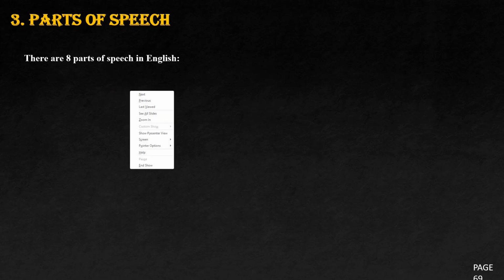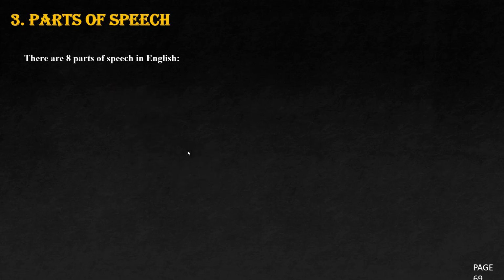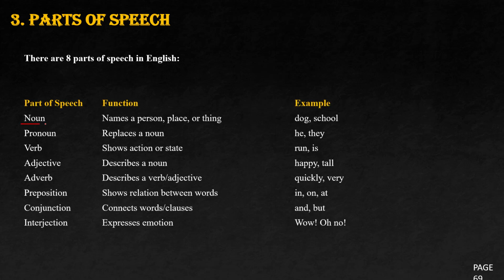Well, next is a very important topic, that is the parts of speech. In the parts of speech, we have 8 parts. The first one is the noun, right? The second one is the pronoun, then verb, adjective, adverb, preposition, conjunction, interjection.